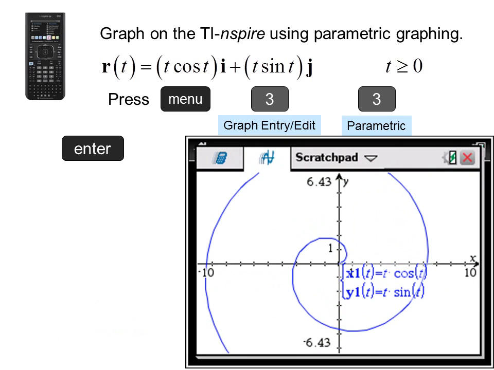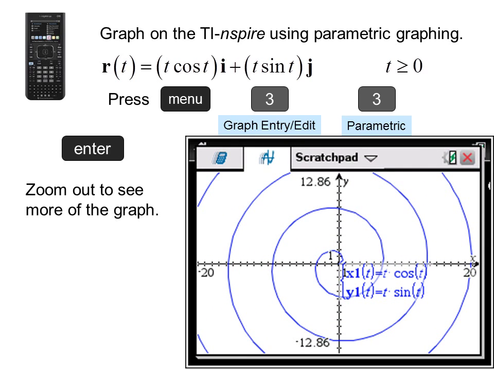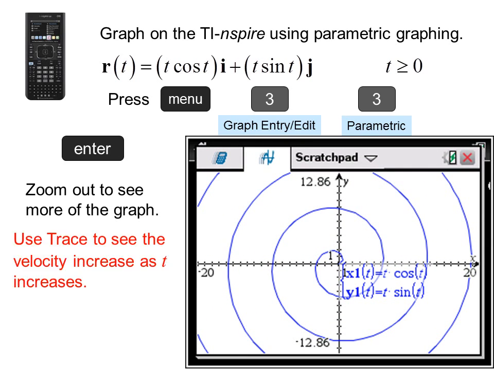Press Enter to see the graph. We can zoom out to see more of the graph, and use Trace to see the velocity increase as t increases.